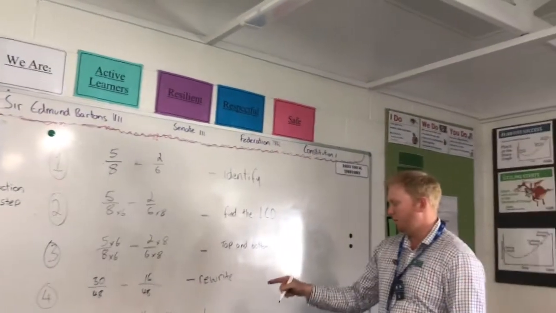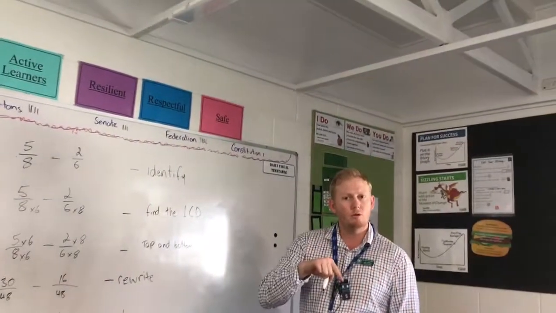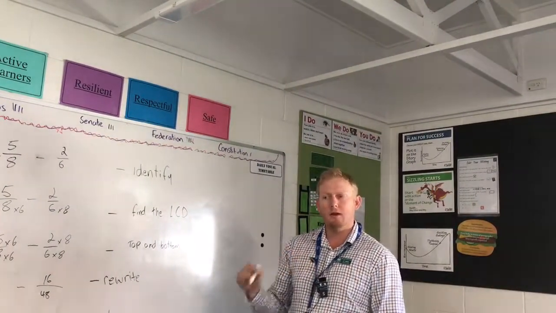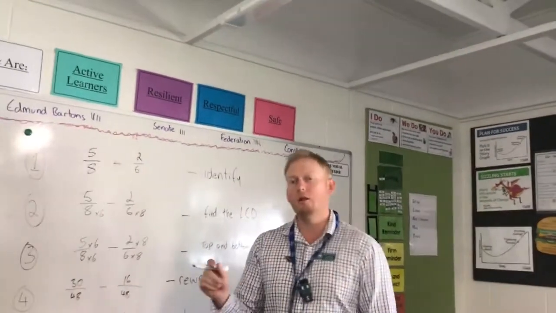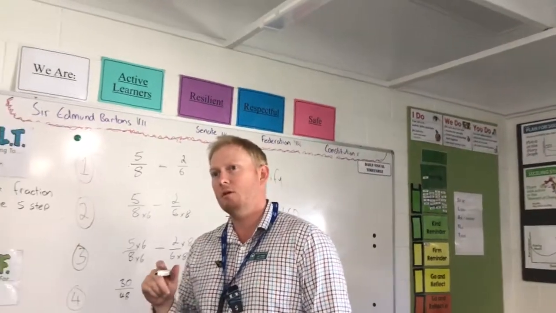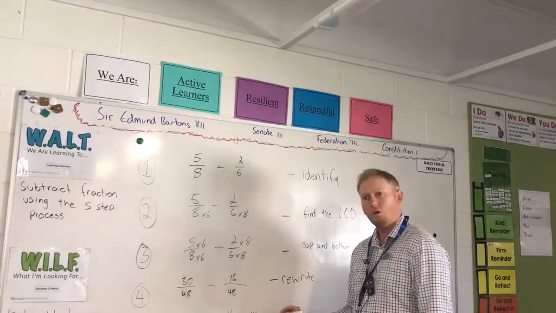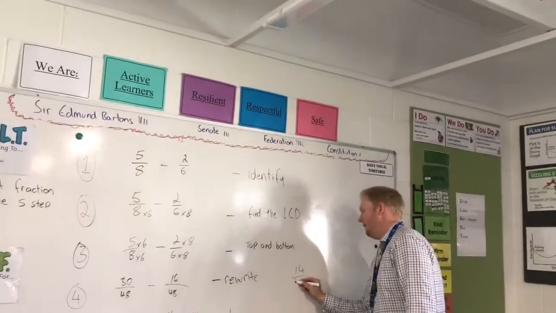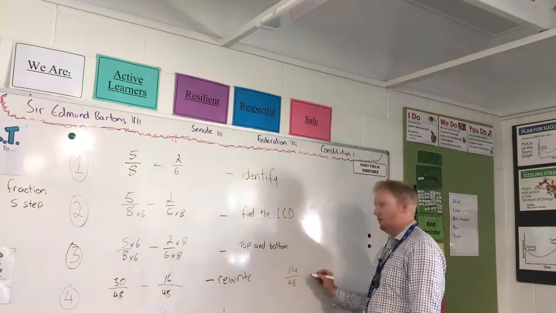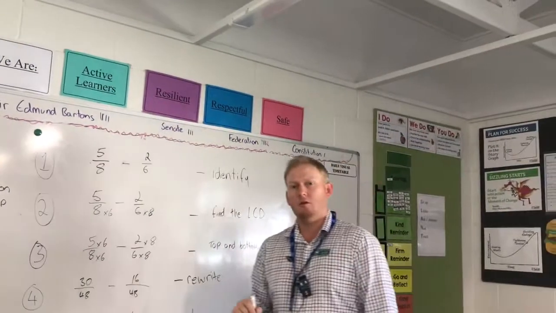That's perfect. 14. What could I then do to make sure that it was right? What could I then do just as a little bit extra? Yes, you can simplify. How could I simplify 14 over 48? What goes into both of those?